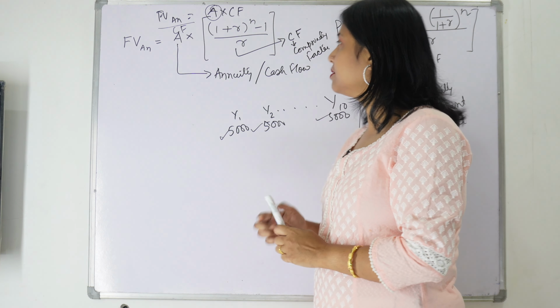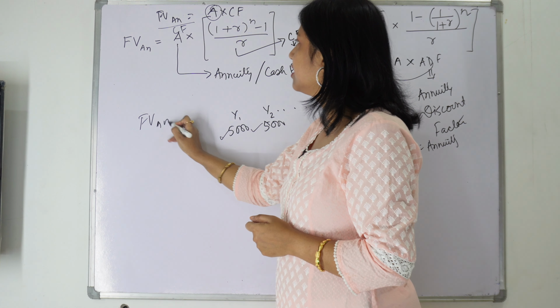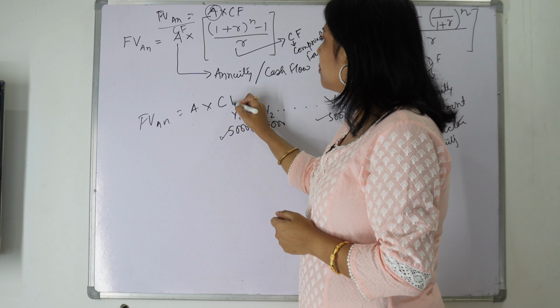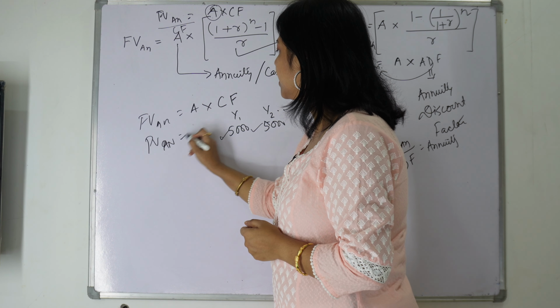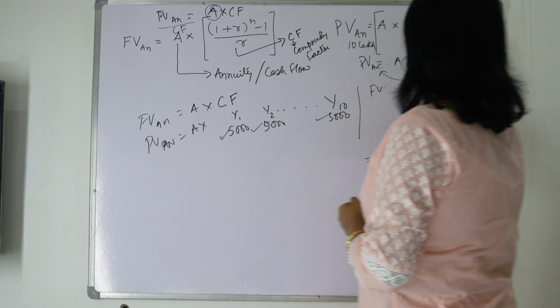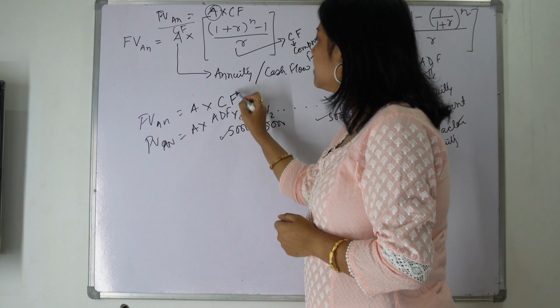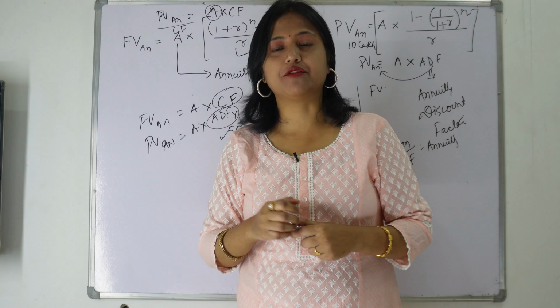The idea is very simple. Future value of annuity is nothing but annuity into this part, which I call the compounding factor, and present value of annuity is nothing but annuity into this part, which I call the annuity discounting factor. So I just have to know this factor in order to know the present value and future value.